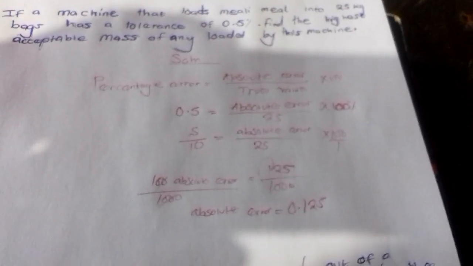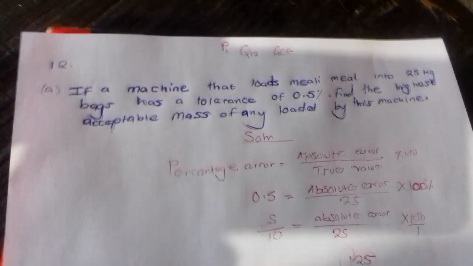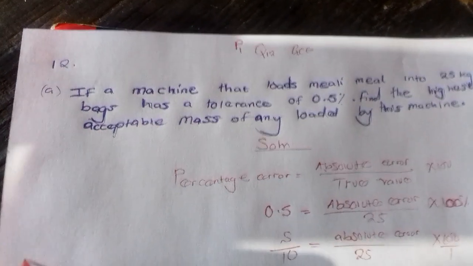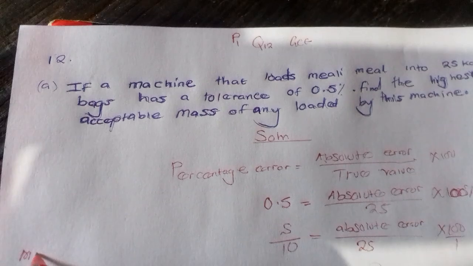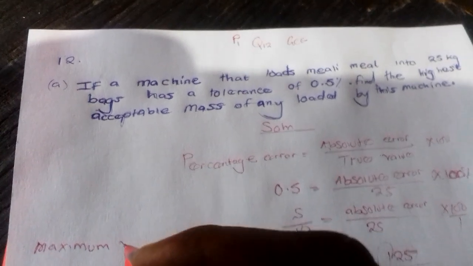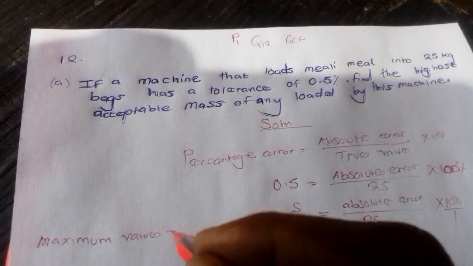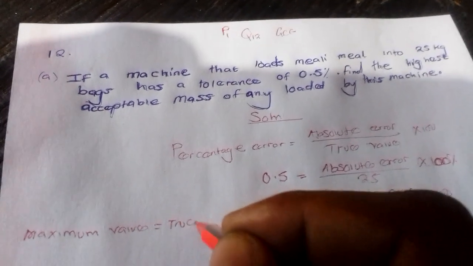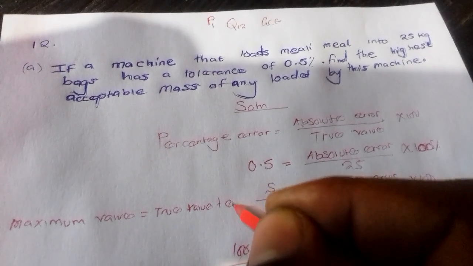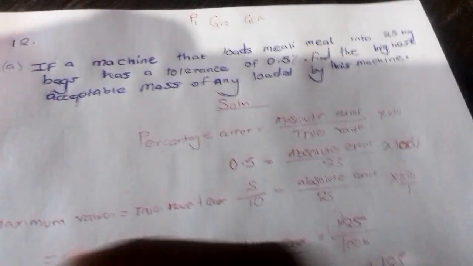So upon finding the error, we will determine the highest acceptable value, which means the maximum value. So maximum value is equal to true value plus absolute error. Our true value is 25.